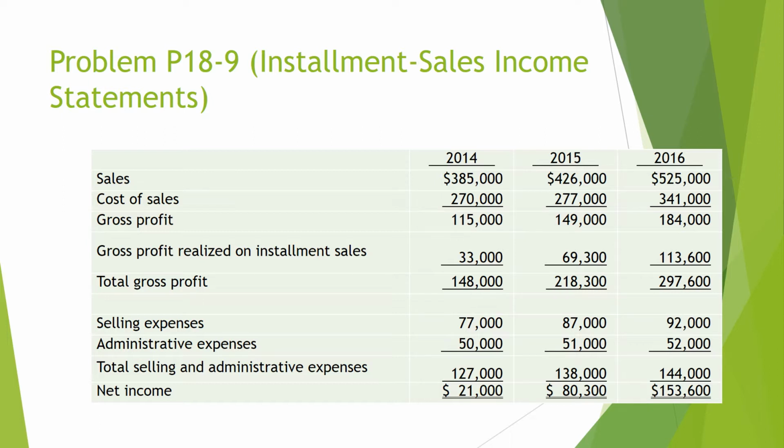The calculation is the same for 2015, where the sales are $426,000, cost of sales $277,000, and gross profit $149,000, plus the additional gross profit realized on installment sales of $69,300, which leads to a total gross profit in 2015 of $218,300.